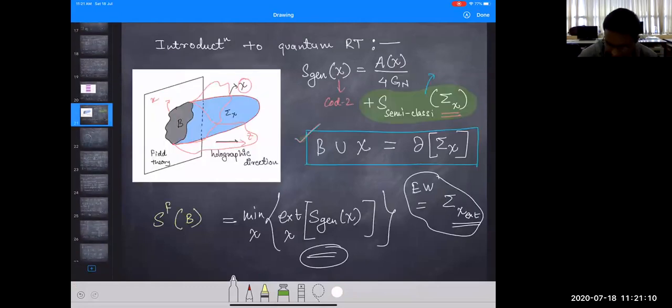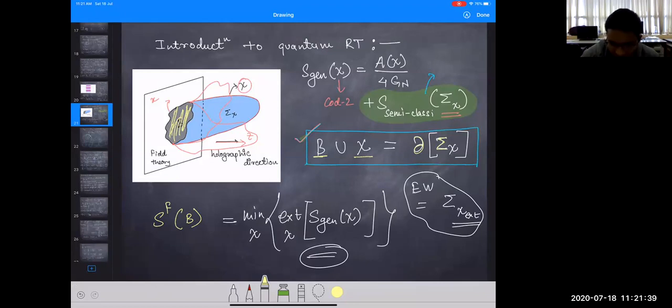Here you are considering the subregion B, and we construct all possible chi's such that chi union the boundary region has to be the boundary of the entanglement wedge. What does that mean? That means that chi and B as two surfaces trap a region inside, and that region is what we call the entanglement wedge.